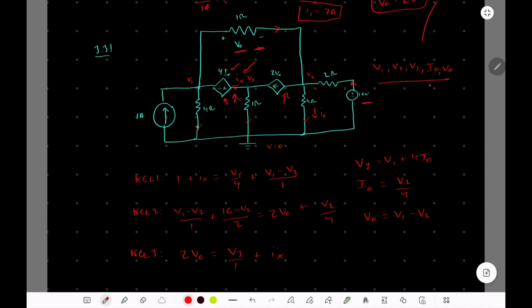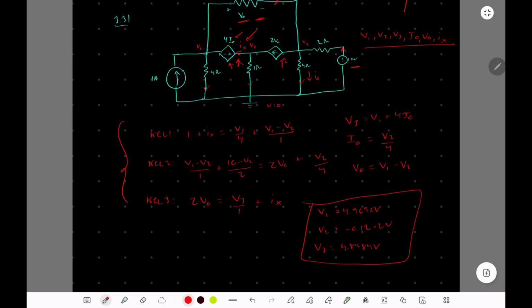So there's 5 unknowns. Oh wait, we have one more probably somewhere here. And IX, yes. So we have 6 unknowns and 6 equations. Plugging this into our graphing calculator or in a solver will give us our solutions.